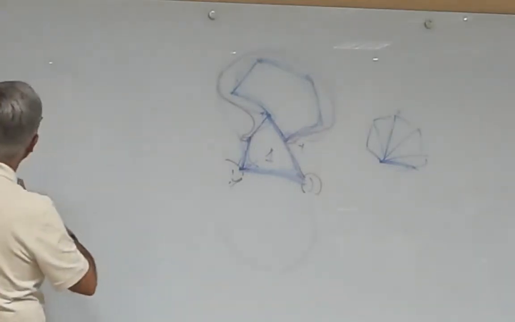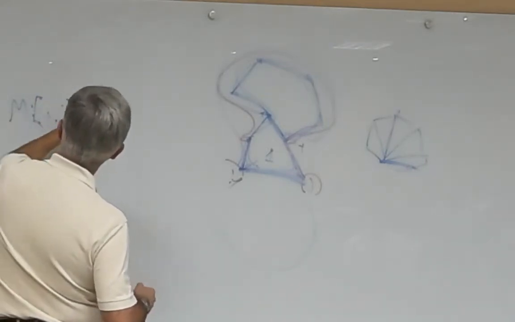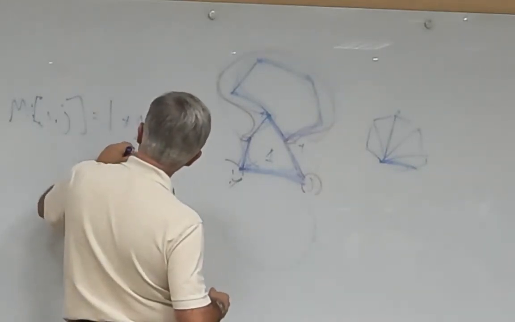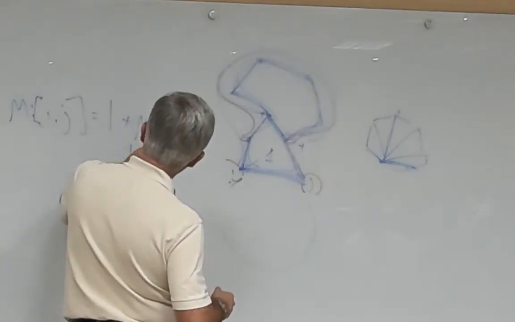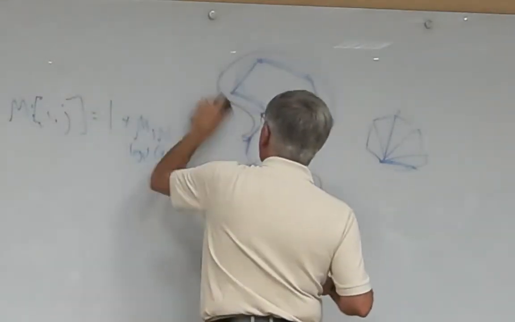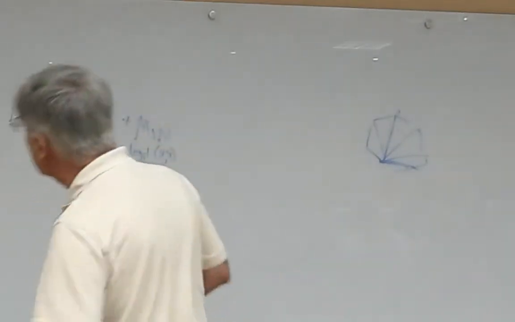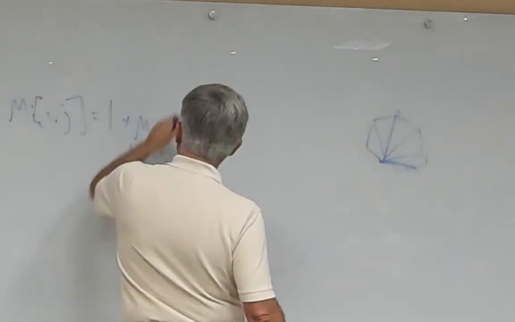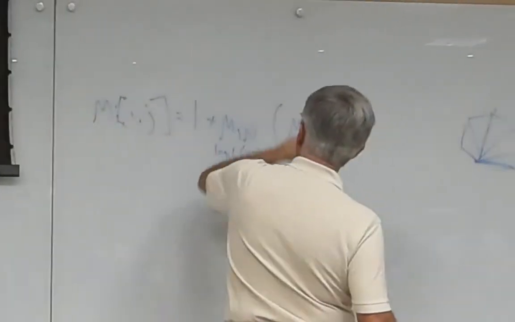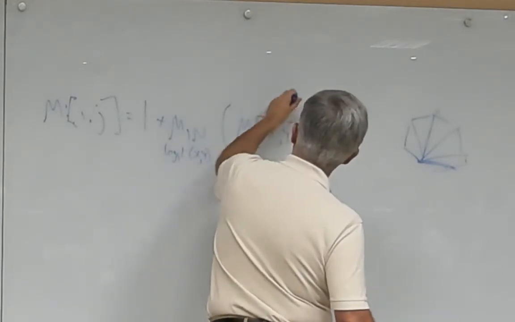Now I'm going to say my recurrence is M sub ij is going to be equal to 1 plus the min over all legal xy of M sub xy. I think this is what I want.